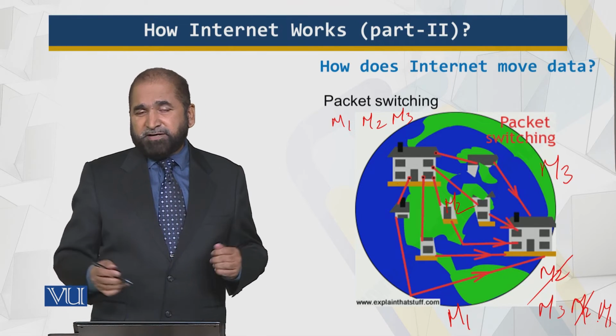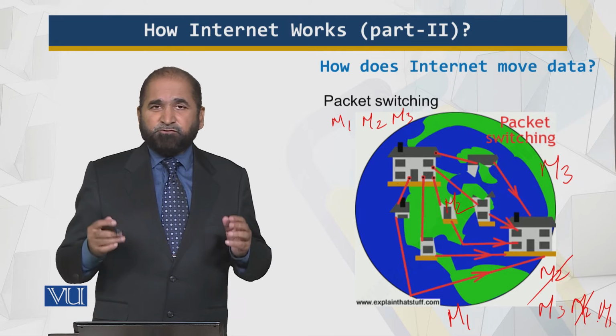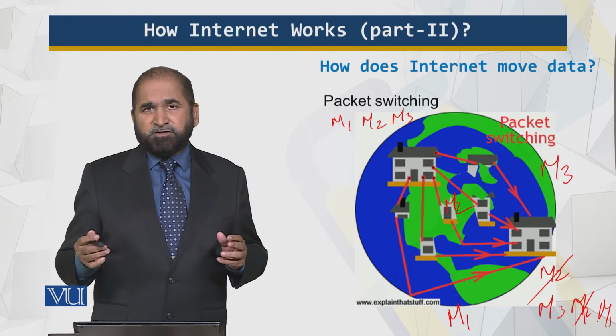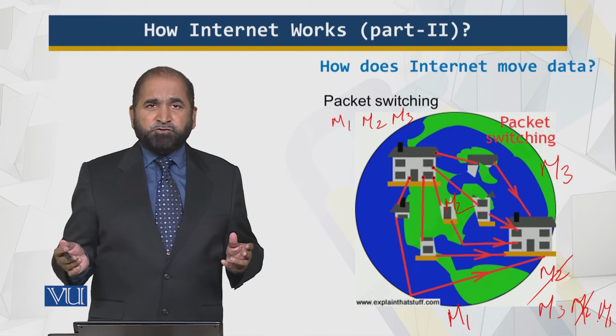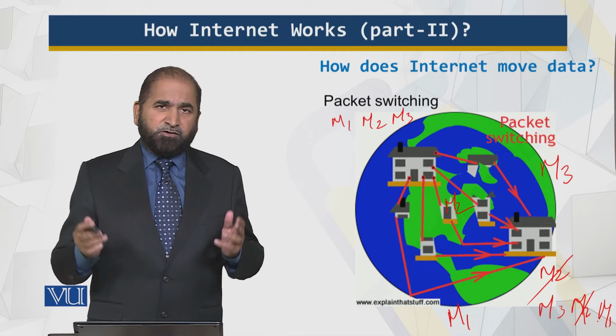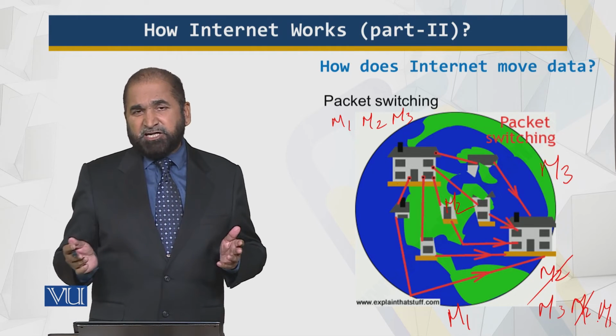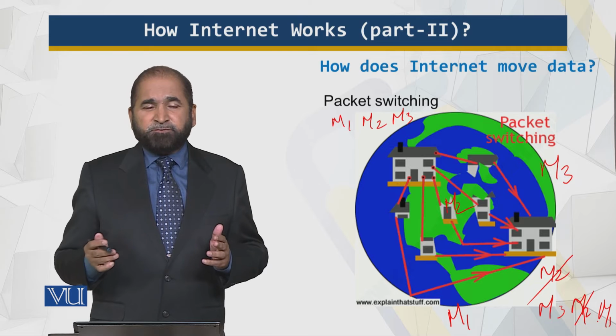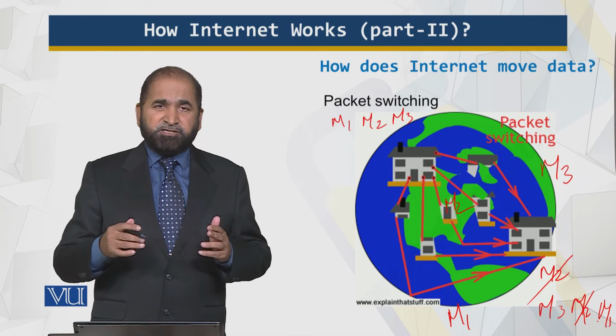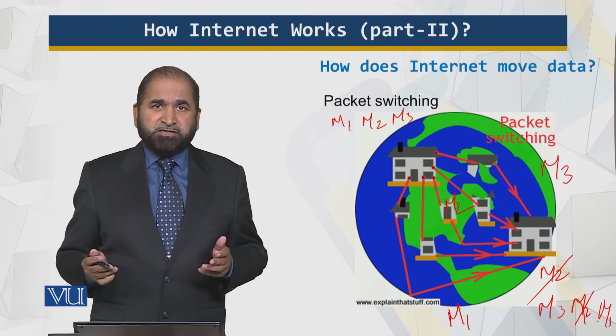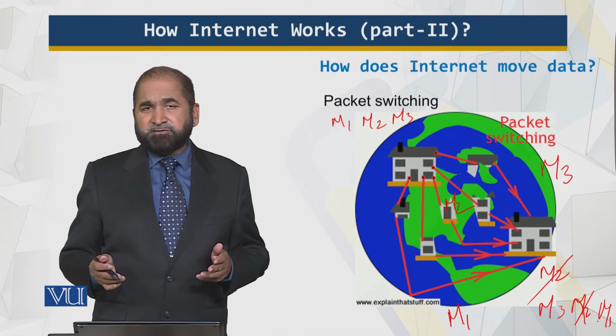The benefit of packet switching is that one communication medium is being used by hundreds and thousands of different users. It is shared by them. So the benefit is that it optimizes the bandwidth, it is low cost, right?